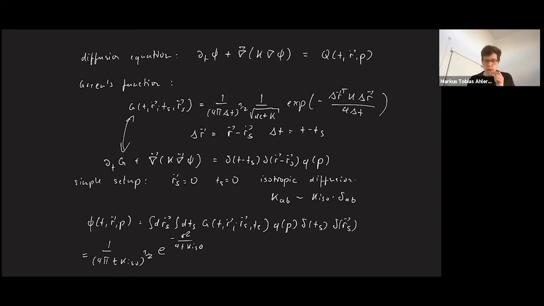Okay, so this is of course a simple Gaussian distribution. So a Gaussian distribution in 3 dimensions. So this has the general form 1 over 2 pi sigma squared to the power 3/2 e to the power minus r squared over 2 sigma squared.